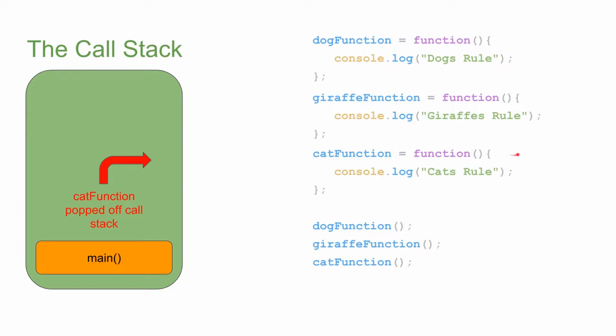We don't have any data stored in these functions, but the console.log is in the execution context of those functions. Every time a function finishes executing and is popped off the call stack, all of its local memory is deleted except for the return value, which we'll go over later.